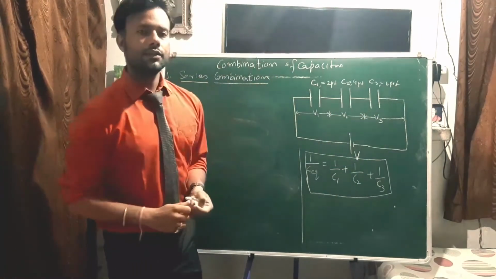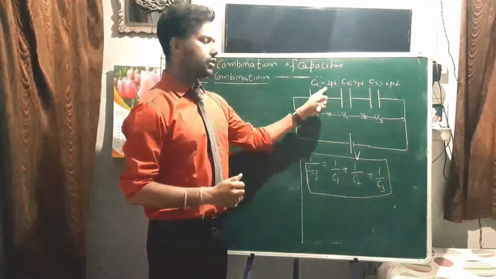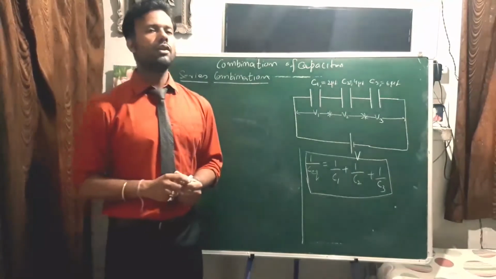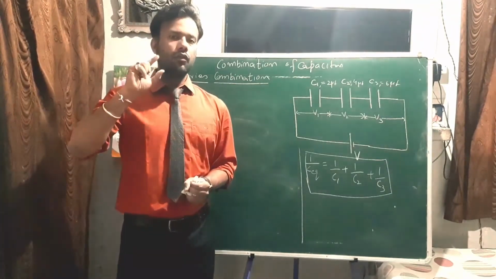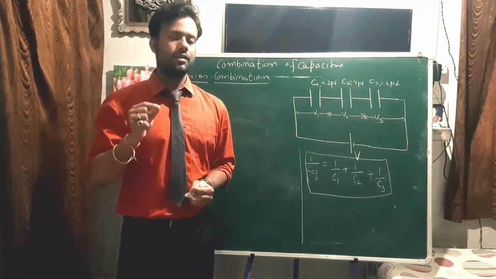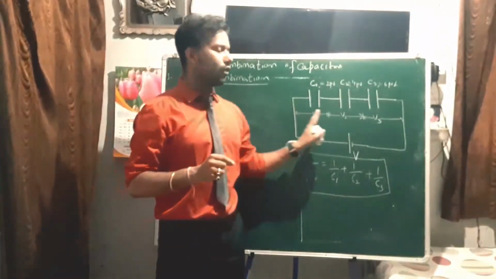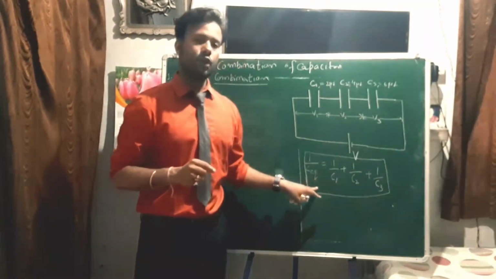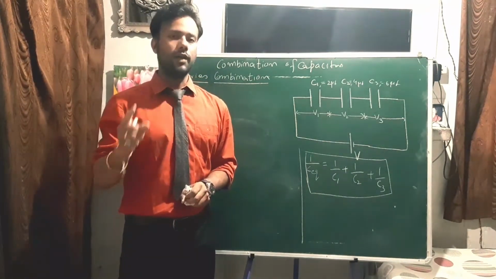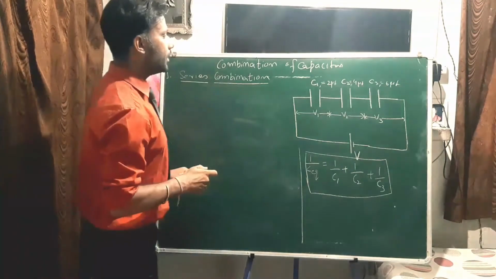So what is the smallest capacitance in this case? That is 2 microfarad, right? And what I said, when you find the equivalent capacitance, its value will be less than the smallest capacitance in the circuit. That means when you solve by applying this formula, the value of the equivalent capacitance will be less than 2 microfarad. Let's check if it is working.